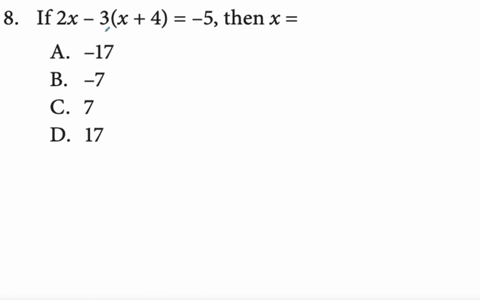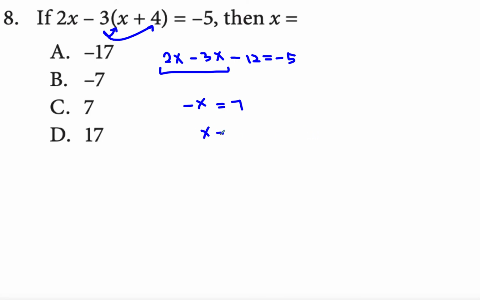In this case, what we have to do is distribute -3 to both places. So we get 2x minus 3x minus 12 equals -5. Now I can combine the first two terms, becomes -x. And then I can add 12 to both sides, making it 7. Then what's the value of x? x must be equal to -7, which is choice B, the answer.